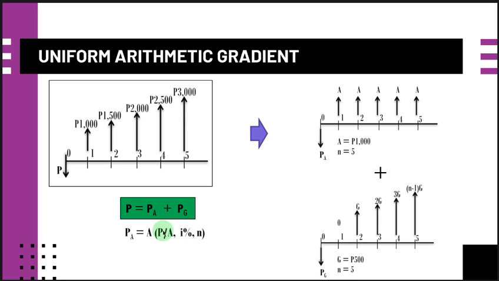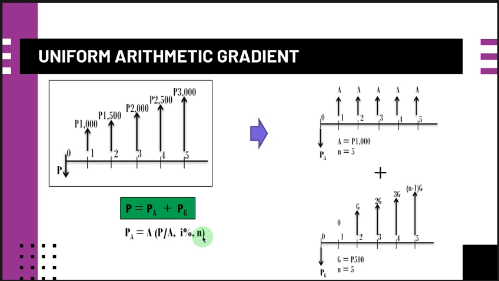Or simply, we consider this as our case number one, which we called in our previous lecture the papa. So PA is equal to A times P given A, I% and N years.